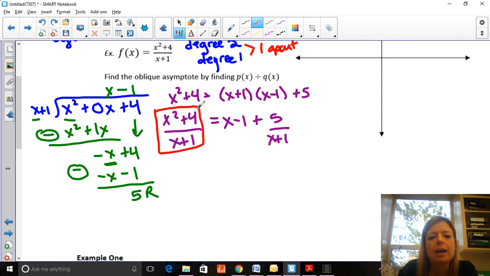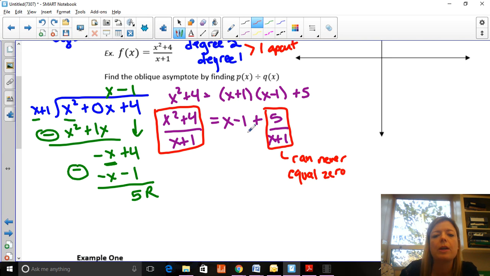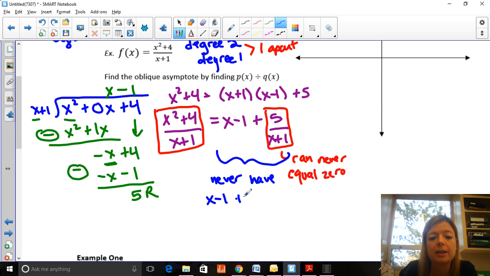It's pretty cool. Now, asymptotes exist when no matter what x value you put in, you cannot get a certain result. So this part here can never equal 0. Because this can never equal 0, for this whole thing you will never have x minus 1 plus 0.